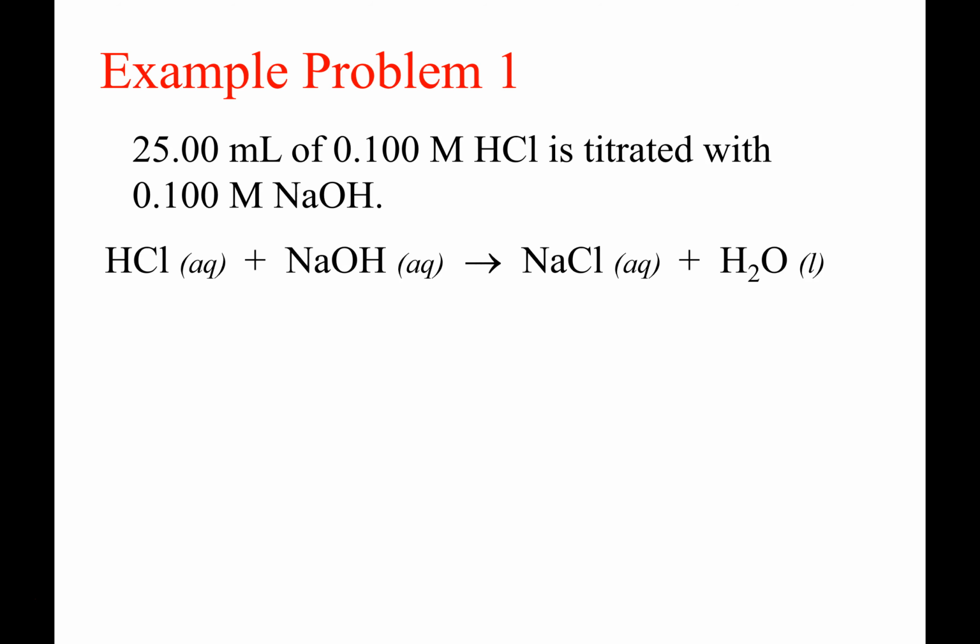So in this case, let's draw a picture. Our analyte, and that's going to be the case tomorrow, is oftentimes an acid. It wouldn't always have to be, but we have 25.00 milliliters of 0.100 molar HCl.